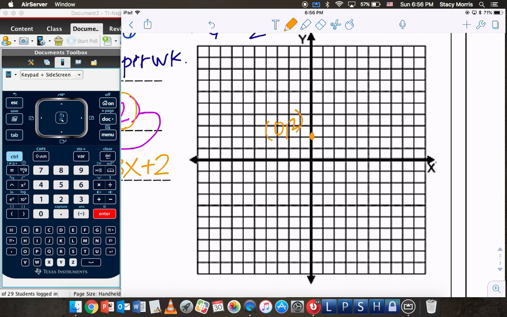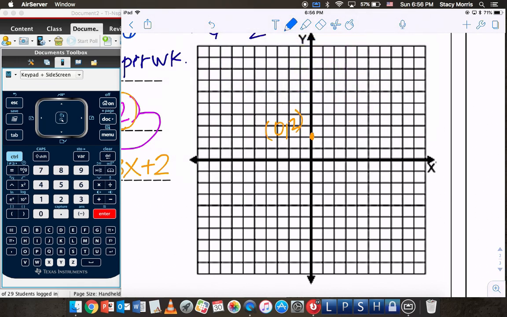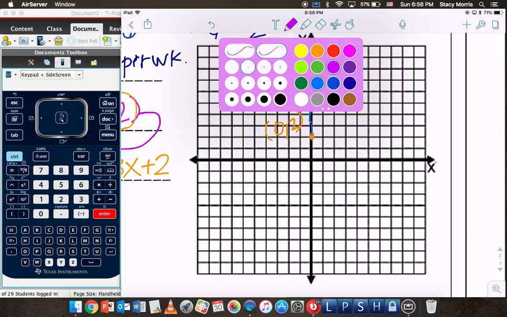That's our y-intercept. From there, every single week, little Jimmy is saving $3 over 1 week. So from this point, we're going to go up 1, 2, 3 over 1. So our next point would be right there. And then same thing, we're going to go up 3 over 1.